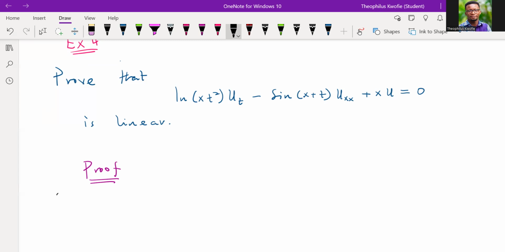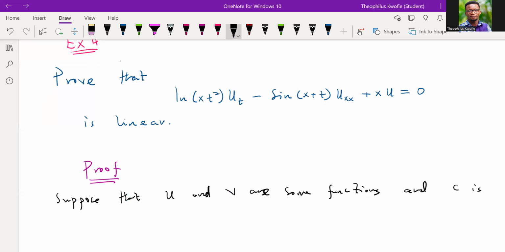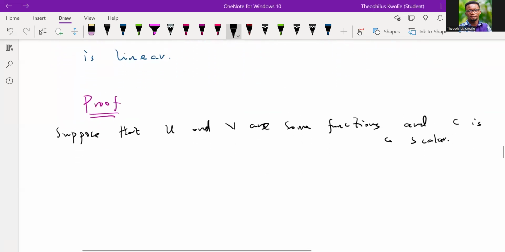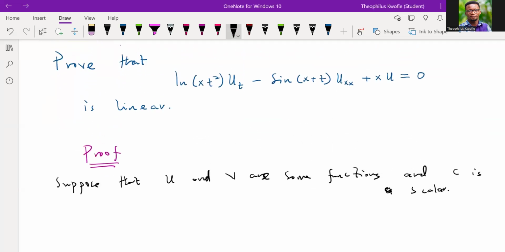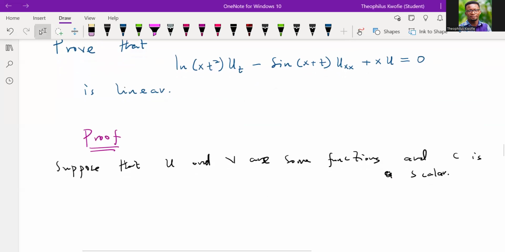Suppose that u and v are some functions, and c is a scalar. A scalar is just a constant, or any real number. Very important.